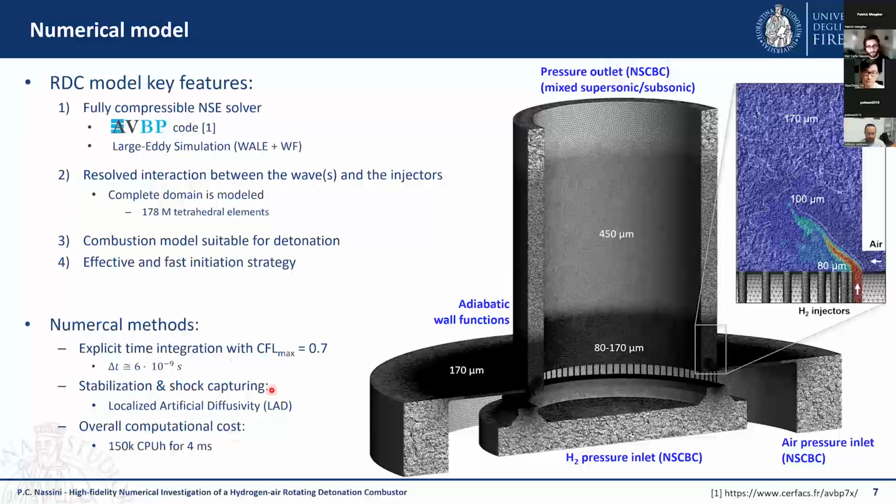We're also using localized artificial diffusivity, or LAD, to stabilize the simulation, but also for capturing the shocks inside the domain and stabilizing the possible numerical fluctuations or wiggles we can develop in case of supersonic structures.